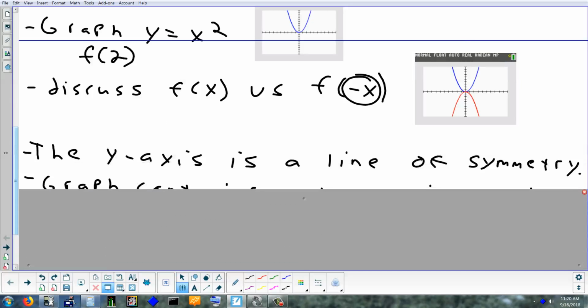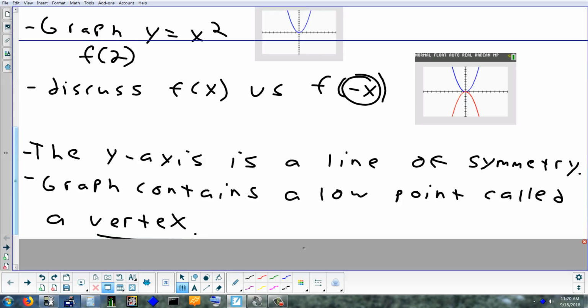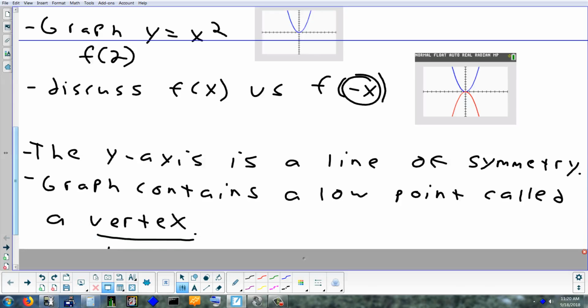Now, for a parabola, especially the two that we drew, the y-axis is a line of symmetry. That means if you took that, if that was like a piece of paper and you folded it right on the y-axis, the left half of the graph would land right on top of the right half. This particular graph, at least the one in blue, contains a low point right here.